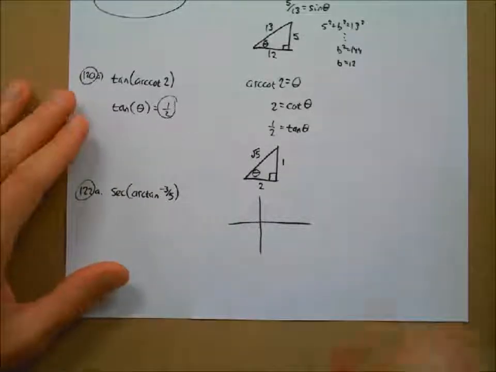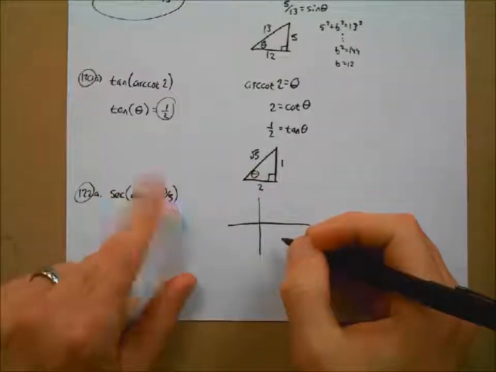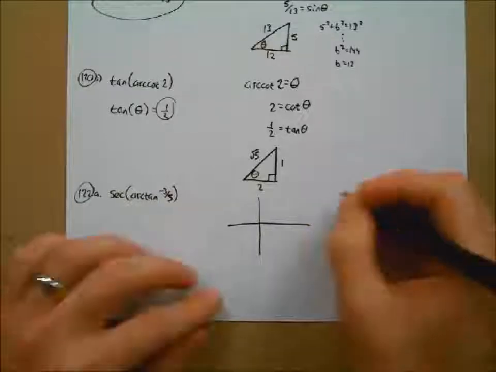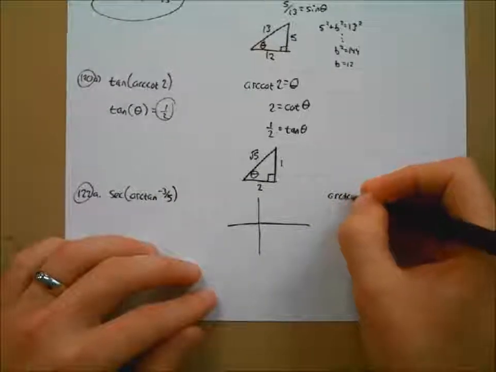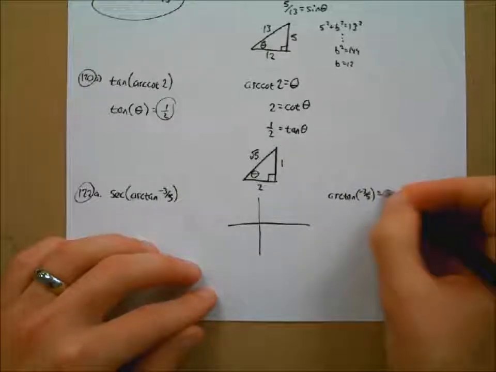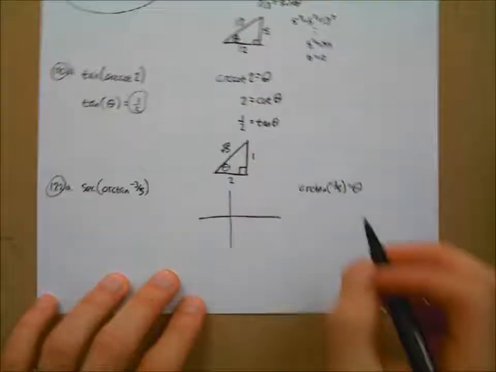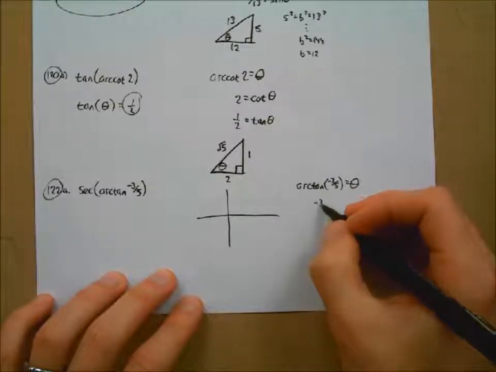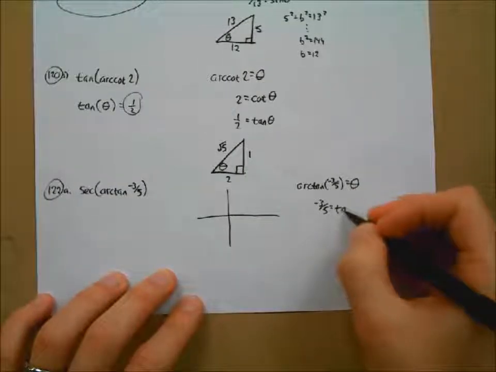And again, I'll write out the thing here. Arctangent of -3/5 equals some theta. Take tangent of both sides.